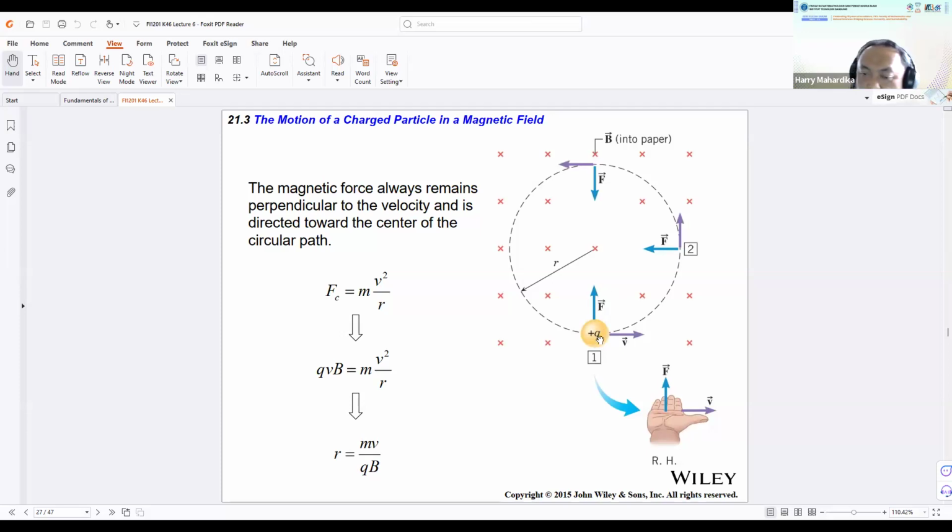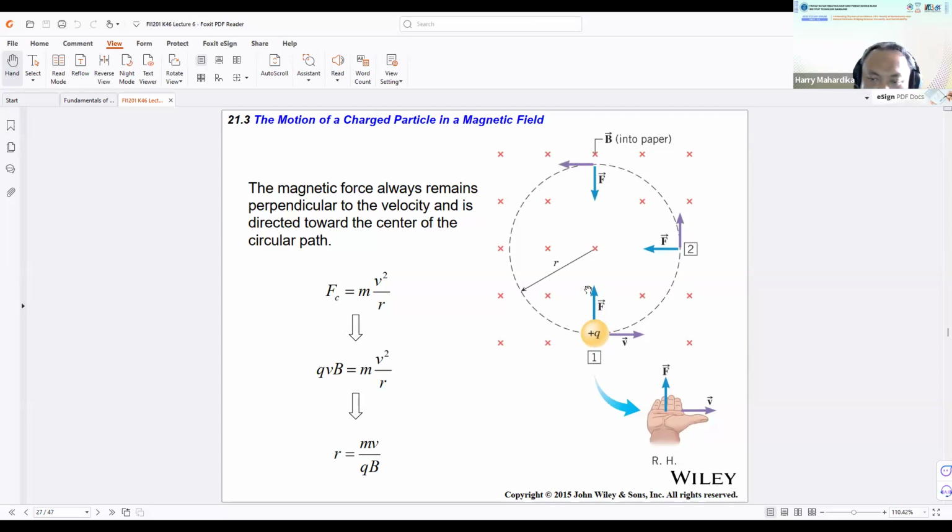As long as Q is moving in a certain direction and that direction is different from the direction of the external magnetic field, then the interaction between the motion and the external magnetic field will produce a magnetic force.